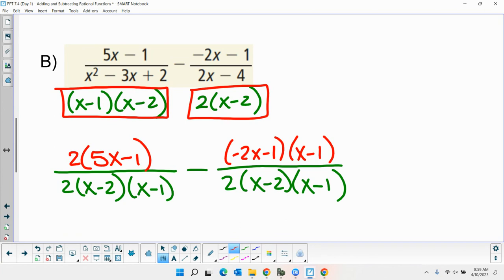Okay? So I got to do multiplication before I can subtract. Again, once I get my common denominator, that's not going to change until maybe the very end if I can simplify my answer. Okay? So, distribute the 2.